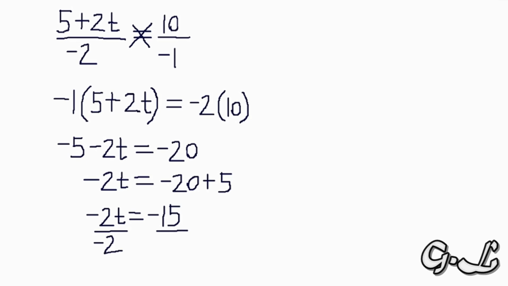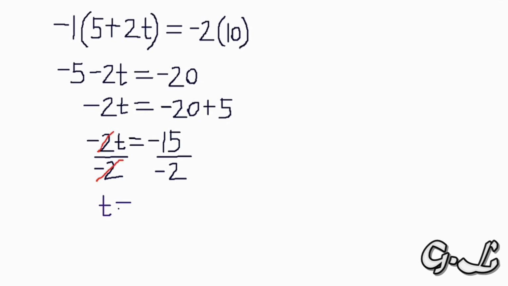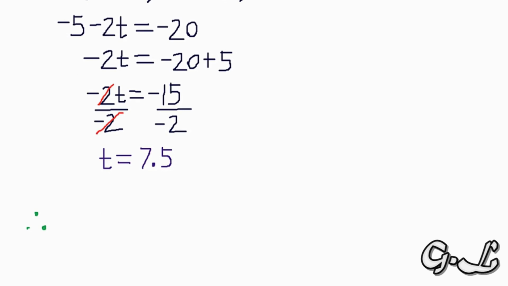So t is equal to negative 15 over negative 2. And when you say negative 15 divided by negative 2, it will give you the value which is 7.5. So this is how you find the value of t. Therefore, t is equal to 7.5.